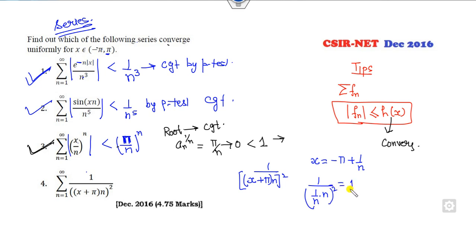It is 1. So that means the series terms are 1, which does not go to 0, hence it is not convergent, because we all know that the constant series is divergent. So this is a divergent series, and if it is divergent, it is not uniformly convergent. So the right answers are A, B and C.